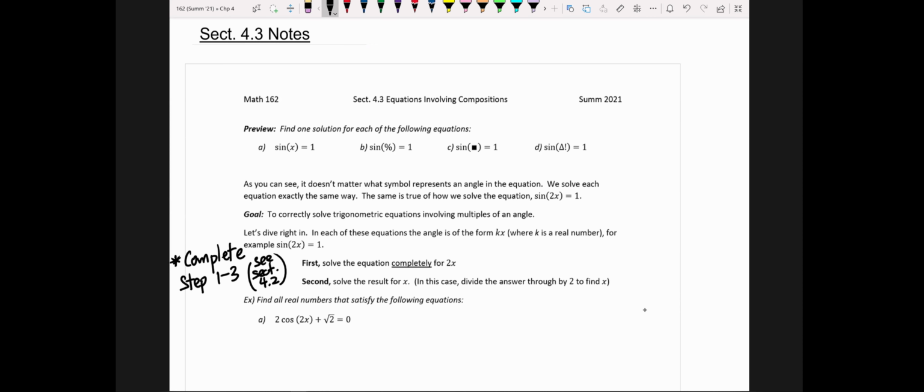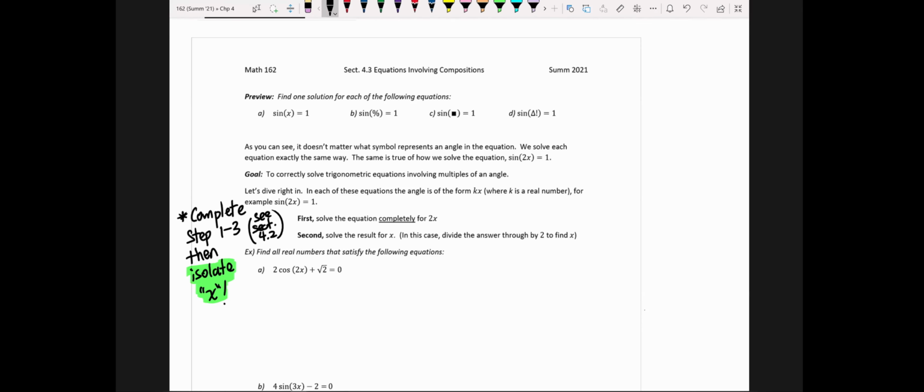After we go through those 3 steps, then we isolate x. So isolate x is going to come last. We have to solve for the input first, and then we can isolate x. It states here, first, solve the equation completely for 2x. That's following step 1 through 3. And then second, solve the result for x. So this is the extra step 4.